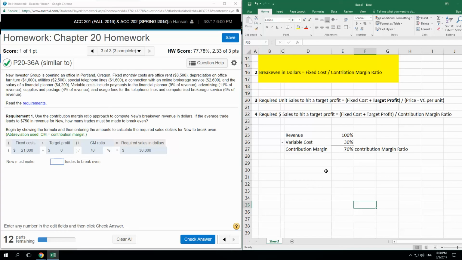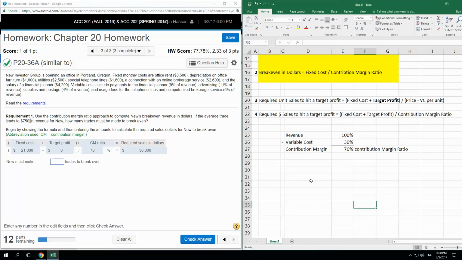Now, the problem kind of comes at it in a non-linear approach. Now they turn around and ask, how many trades must we have to break even? Well, they're telling me it's $750 per trade on average.